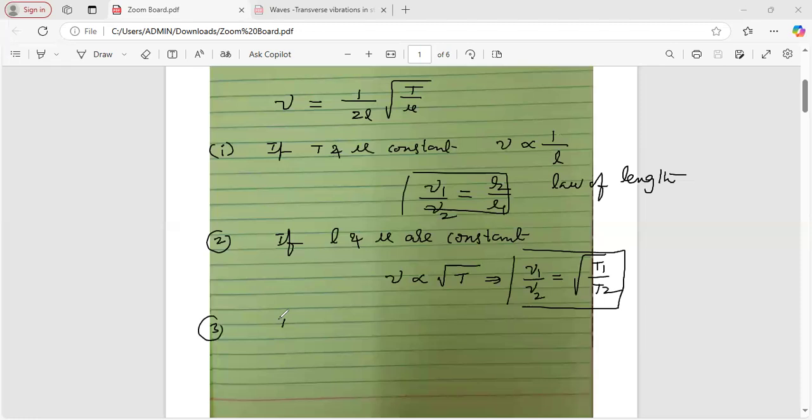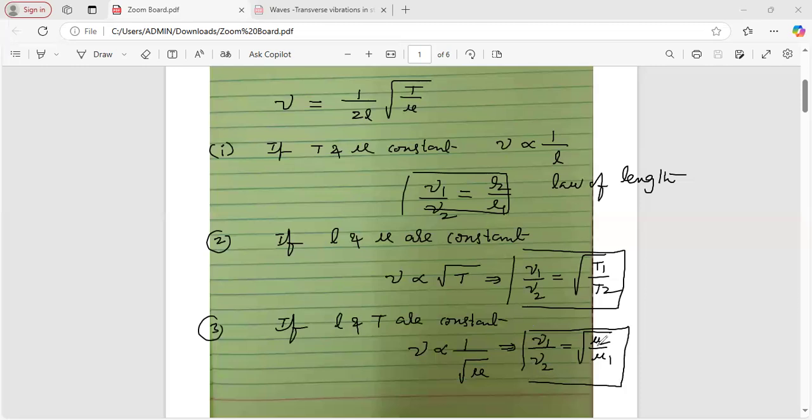Number 3, if the length of the string and the tension applied in the string are constant, then the fundamental frequency depends only on linear mass density: nu is inversely proportional to square root of mu. From this, we can generalize nu 1 by nu 2 is equal to square root of mu 2 by mu 1. This is called the law of linear density.